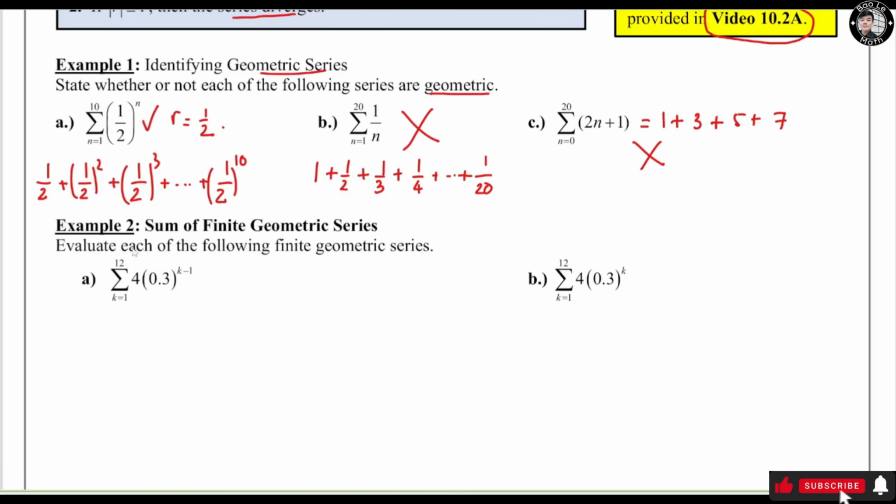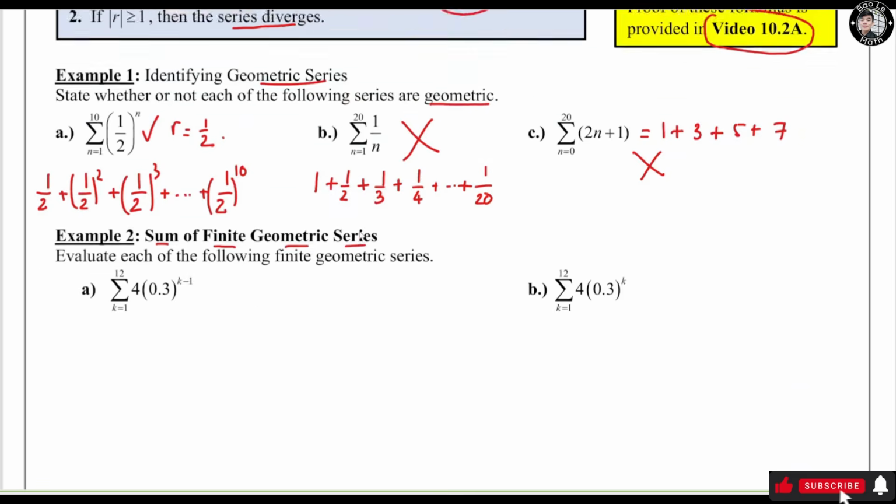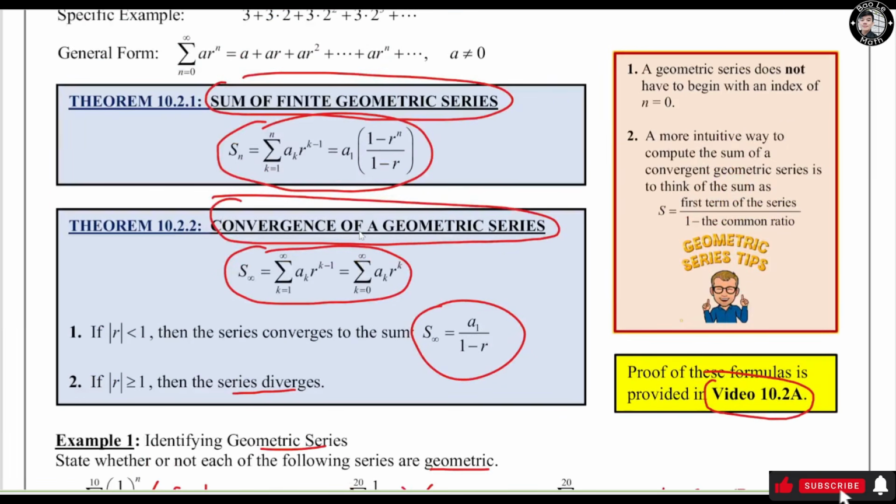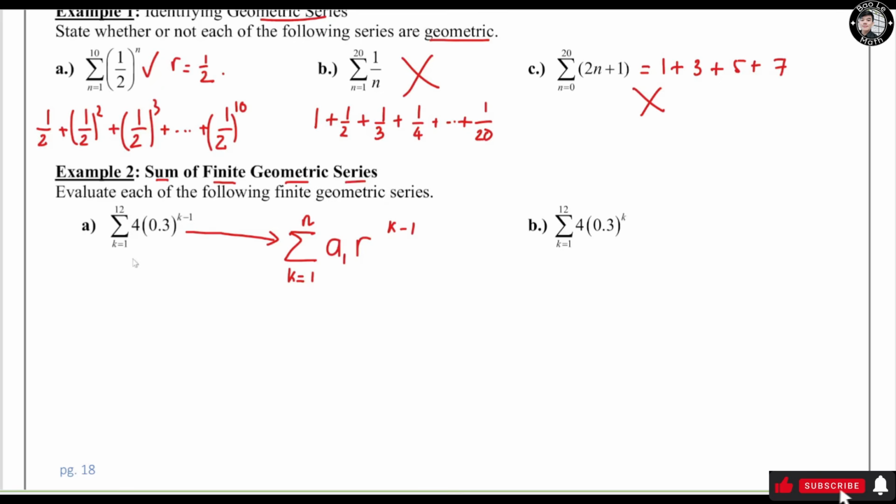Now, let's take a look at example number 2. We need to find the sum of a finite geometric series. Alright, so we're going to go back over here. The formula right here is the first term times 1 minus the common ratio raised to the n, over 1 minus r. We're going to populate this one, so it's going to be 4 times 0.3.